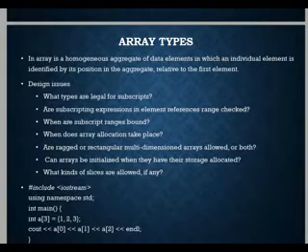When we say homogeneous aggregation, elements with similar data types are combined together. That is what an array means. Then, what are the design issues on the array?